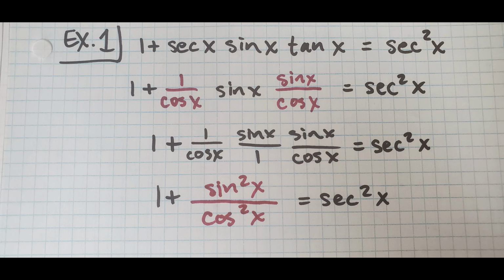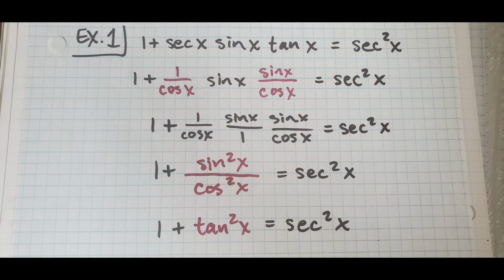Now, if you look at your trig identity sheets, we're going to find that sine squared of x over cosine squared of x, ignoring the squares, is going to make that tangent of x. So we're going to call that 1 plus tangent squared of x. And that's what we get right here.